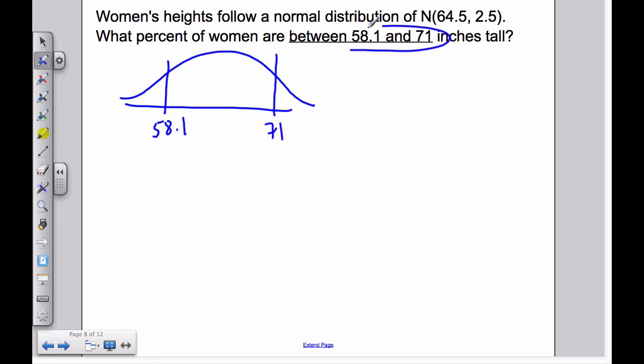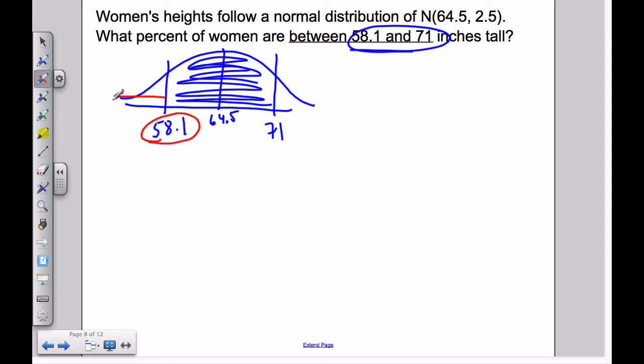Between 58 and 71. Even though females in the middle are 64.5, I'm interested in this middle part right here, in between. Well, we've already solved in the last couple frames here for 58.1 on down. We already solved for 71 on down.